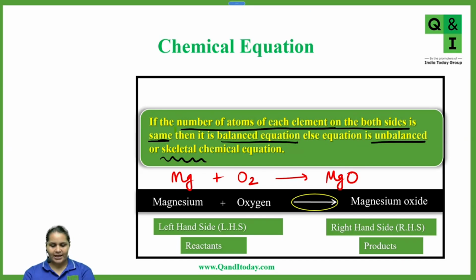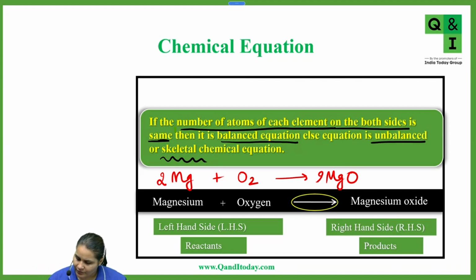For magnesium, they are the same, but not for oxygen, right? So can I call it a skeletal chemical equation? Yes, ma'am. Very good. So once I put 2 here and 2 here, now what do you say? Is it balanced or unbalanced? Balance the equation. So how many atoms of magnesium are there on the reactant side?